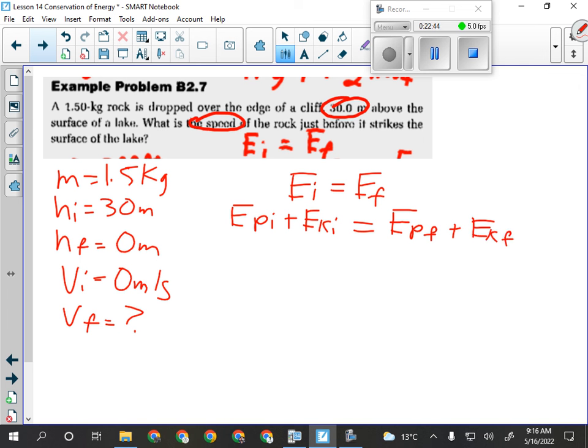Am I still saying initial mechanical equals final mechanical? I am. I've just expanded it out. Are any of these energy types 0? Which ones? Final potential, yeah, because we're at a height of 0.